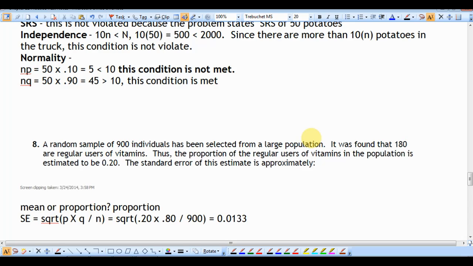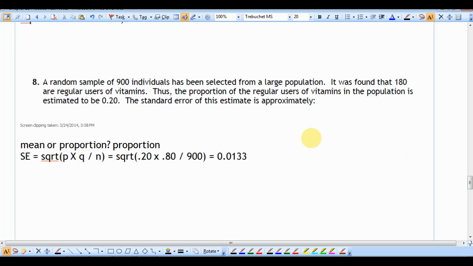Just so we have it in the notes, what was the standard error equation for means?